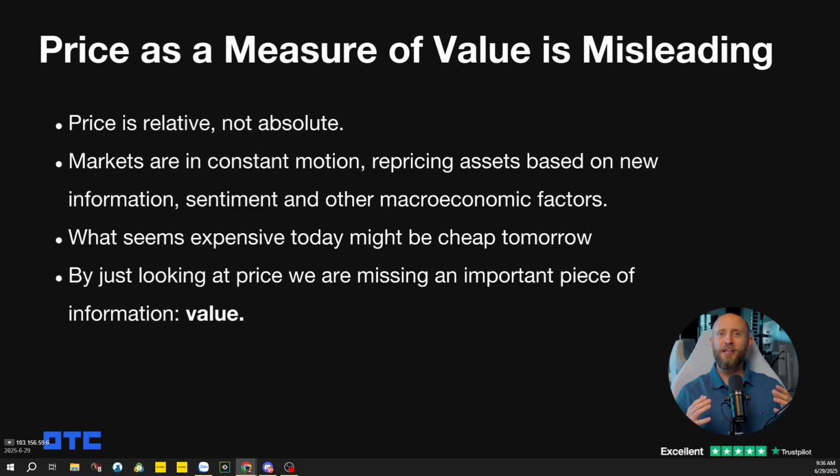This is why understanding valuation is so critical. Valuation gives us a framework to determine whether an asset is overvalued or undervalued, allowing us to see beyond price and make smarter, more informed trading decisions. By focusing on valuation rather than price, we gain clarity and avoid being misled by short-term fluctuations.